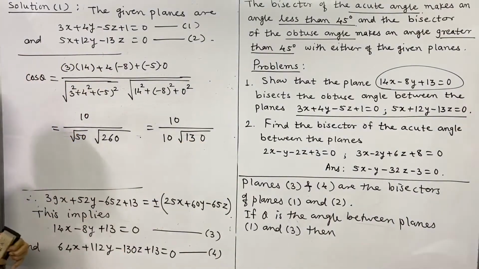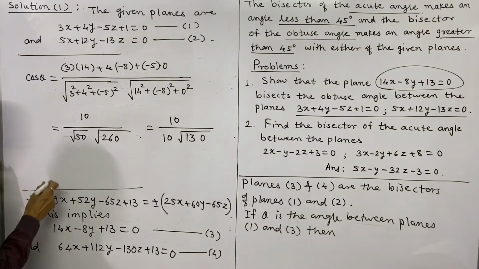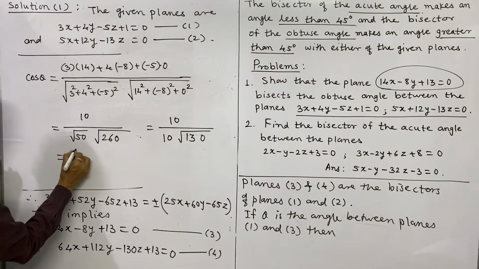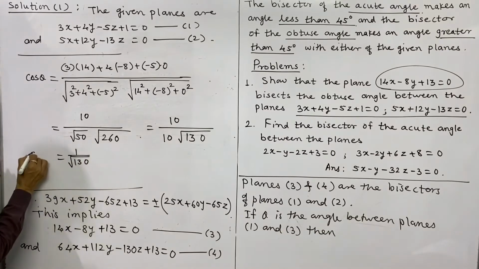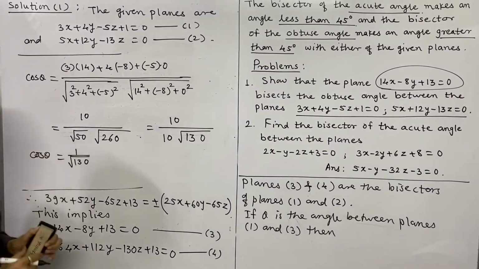You may check this. Thus the quantity we have obtained is cos theta equal to 1 upon under root of 130. Now how to determine theta?